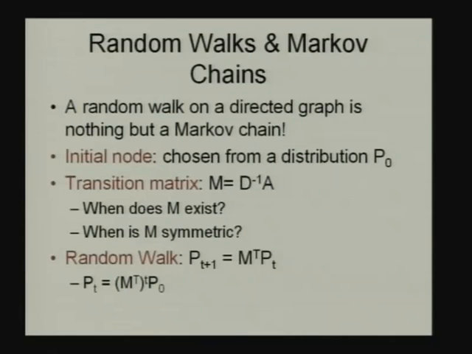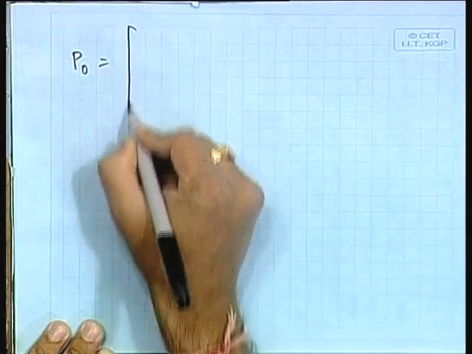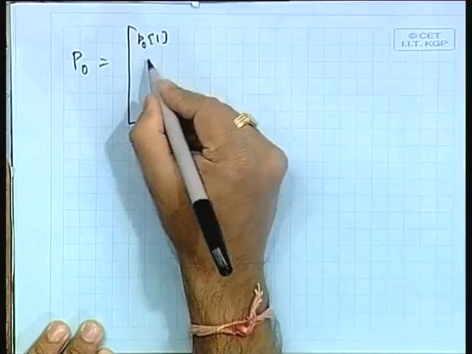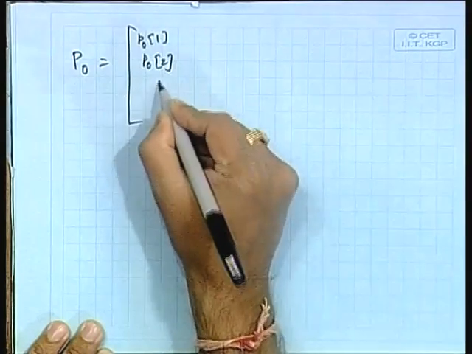So, you compute the probability distribution of a particular random walker. Let me define more clearly what P0 is. P0 is nothing but P01, P02 and so on.